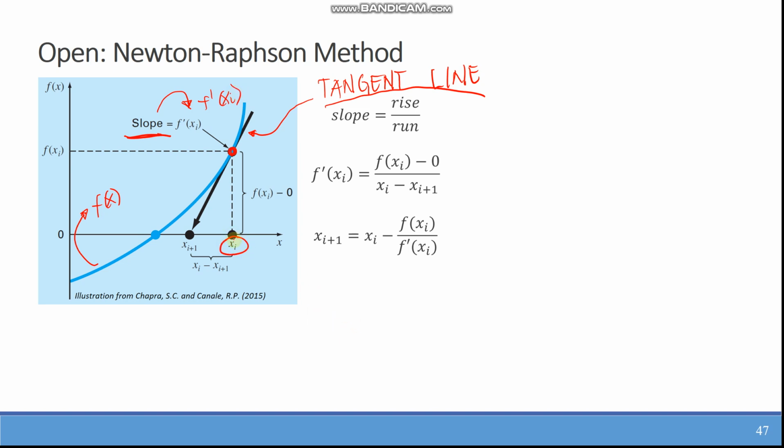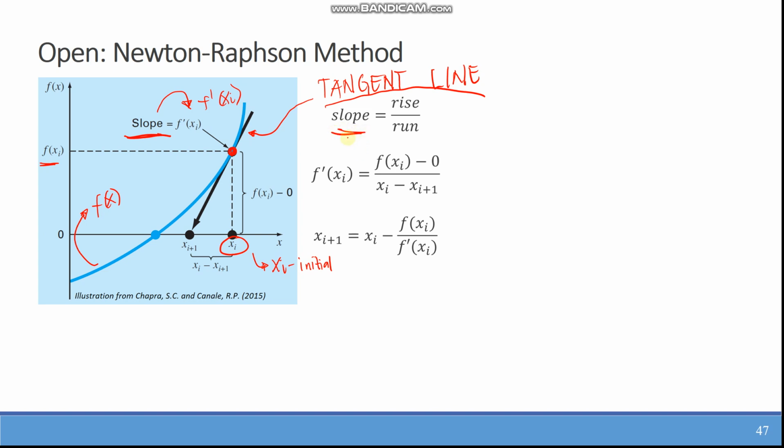So let's say x sub i will be our initial guess. The value of y there at x sub i is what we call f of x sub i, or the function of x sub i. And then the first derivative at that point, which forms the tangent line, is the slope of that function.